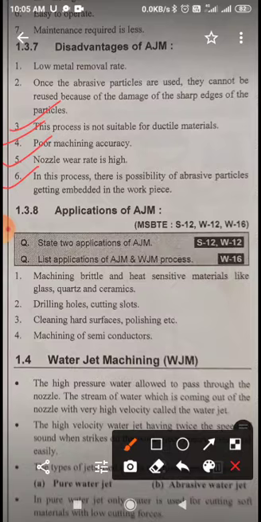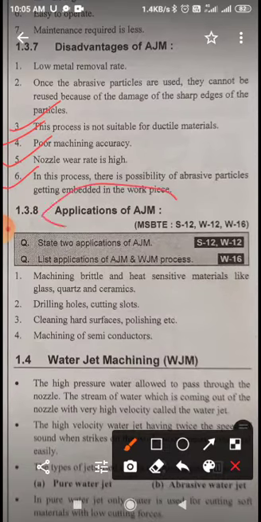Okay, and one more thing can happen. The abrasive particle may get stuck into the workpiece and cause less surface finish and a rough surface. Okay, these are the disadvantages of abrasive jet machining.